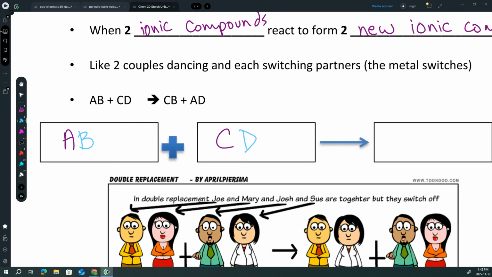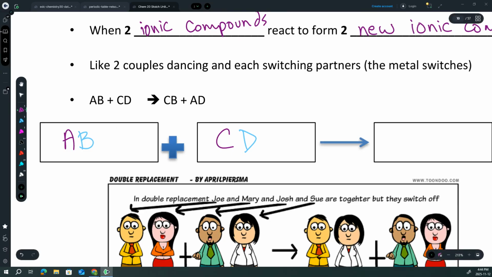Okay, so like I said, choose one, don't do both. You could either think of it as positive switches with positive or negative switches with negative. The reason why I'm saying choose one, don't do both, is because if you switch both the positives as well as both the negatives, you're going to get the same products.